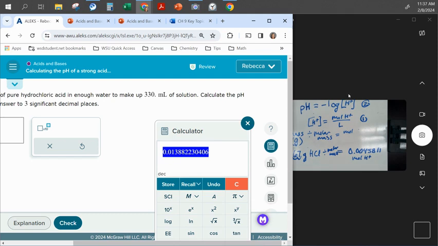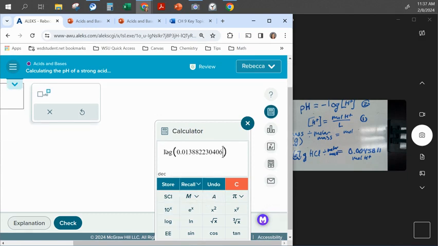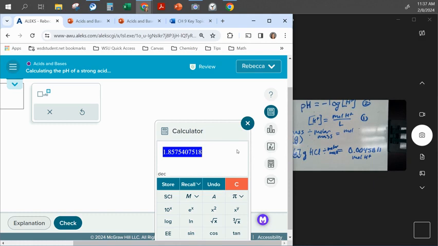So now I'm going to stick it into this equation. Now that I have the concentration of hydrogen ions, I'm going to do log, but it has to be the negative log, so let me put the negative in the front. Okay. There's one more new thing with log.